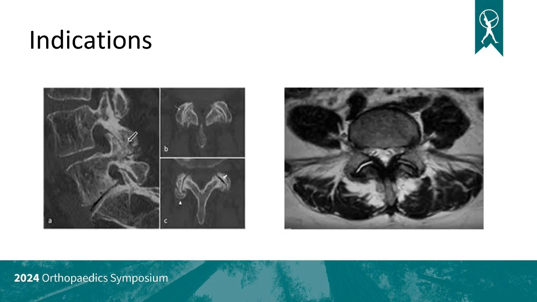And here we see a CT image on the left side. So what we're looking at here is facet arthropathy or arthritis. So a common cause of axial back pain strictly, usually non-radicular. Occasionally you'll get some radiation from these joints into the hips or groin area as a common complaint.